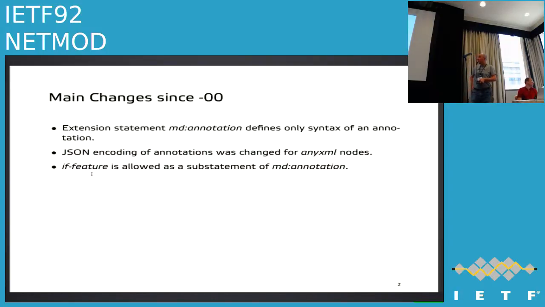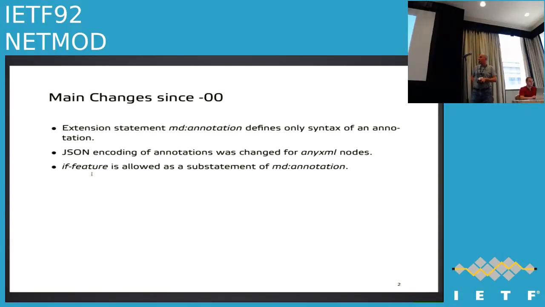The 00 revision was presented in Honolulu, and I think it was Kent who rightly pointed out that because it's an extension, it cannot be used for defining any behavior of servers and clients, because each party, or the client, may ignore any extension by the rules of YANG.